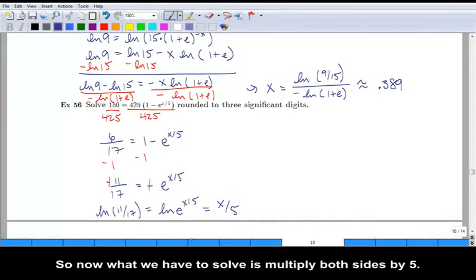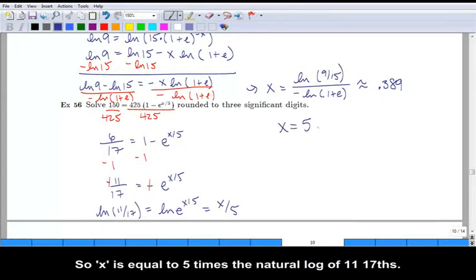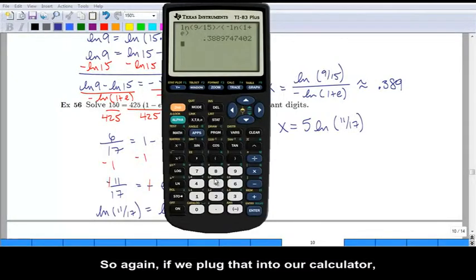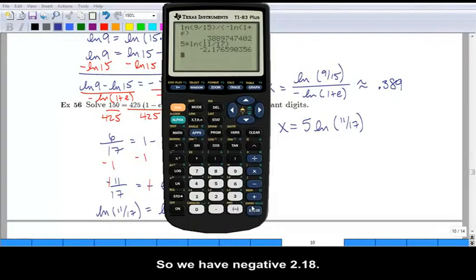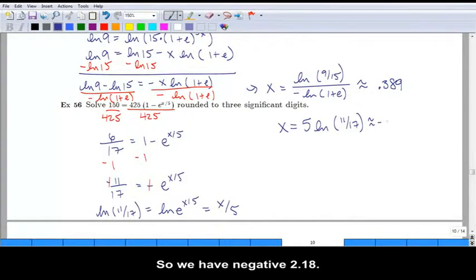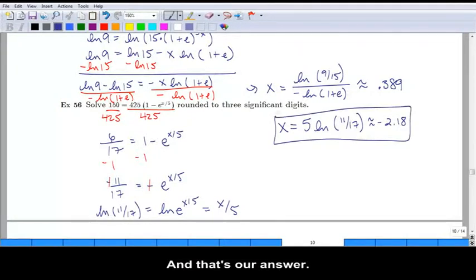So now all we have to do to solve is multiply both sides by 5. So x is equal to 5 times the natural log of 11/17. So again, if we plug that into our calculator, we have 5 times the natural log of 11 divided by 17. So we have negative 2.18. And that's our answer.